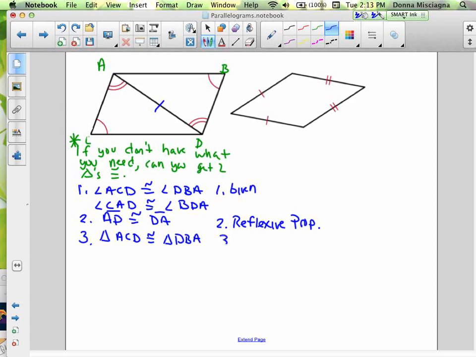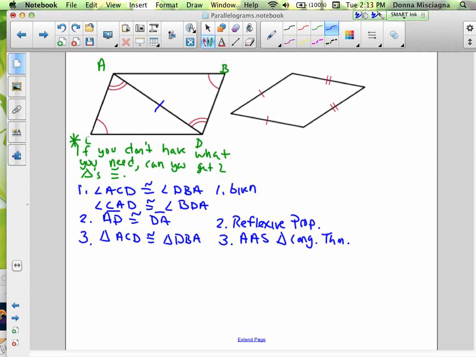And those triangles are congruent using the angle, angle, side triangle congruence postulate. Actually, I think that one is a theorem. Sorry. Not that it makes that much of a difference if you called it a postulate instead of a theorem. Theorem just means it was proved off of something else, and it was proved off of angle, side, angle. Now that's angle, angle, side, because the side is not the included side. It's not between the angles.